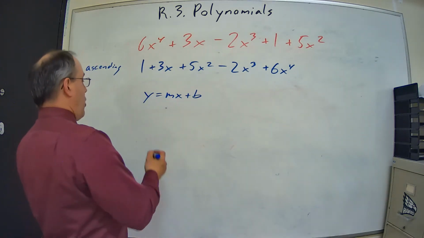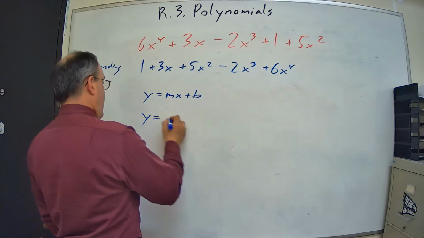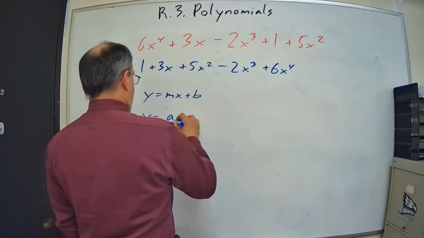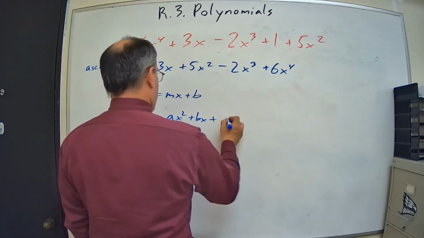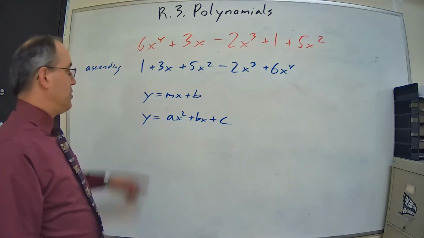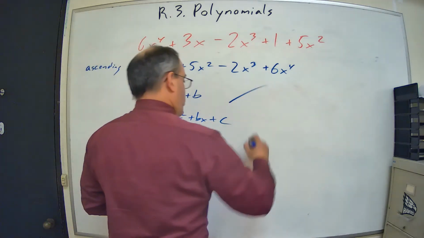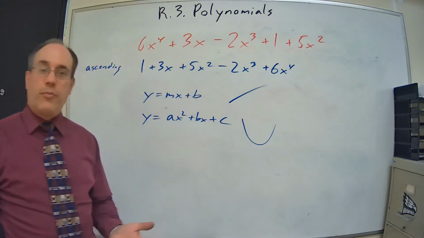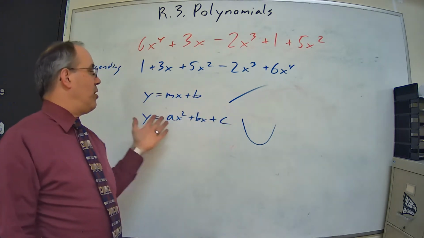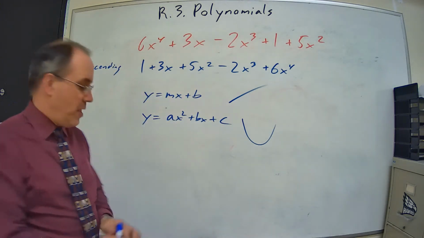But if you have a quadratic equation, you have y is equal to ax squared plus bx plus c. This will be a line, this will be a parabola of some sort. And you may look at that and go, well, what does that have to do with this?